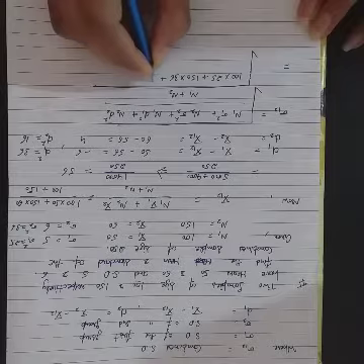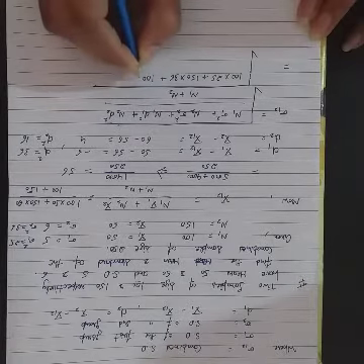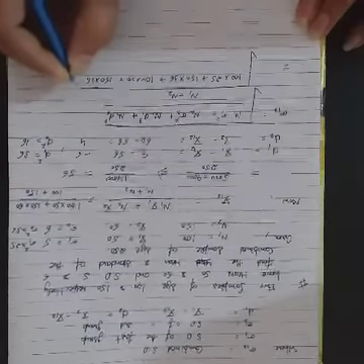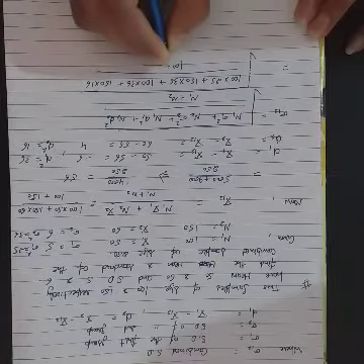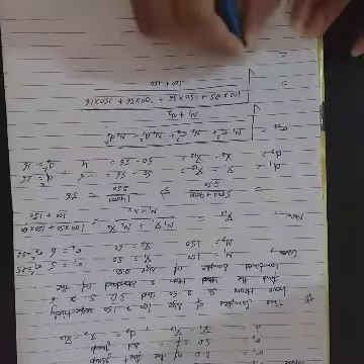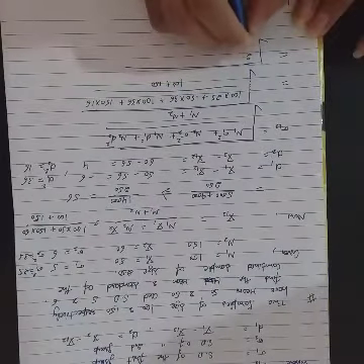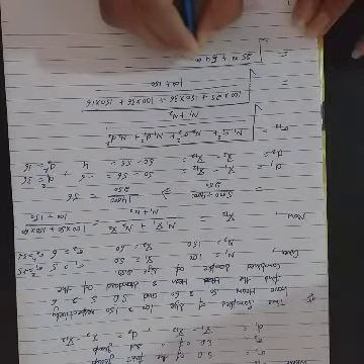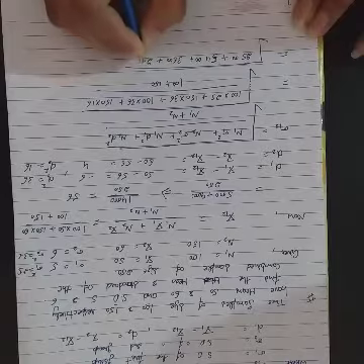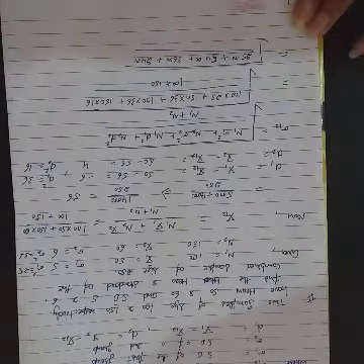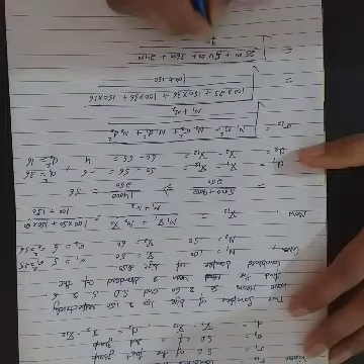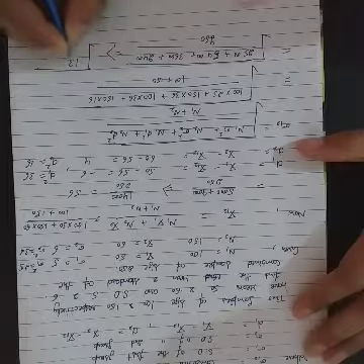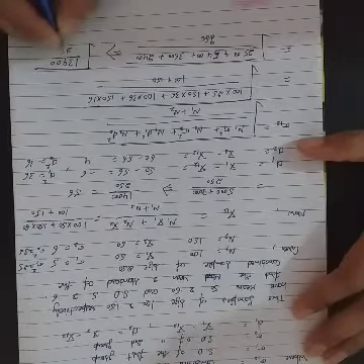Plus N1 is 100 multiply 36, N2 is 150 multiply 16, divided by 100 plus 150, is equal to 100 multiply 25, 150 multiply 36, plus 3600 plus, divided by 250, is equal to 13900 divided by 250.